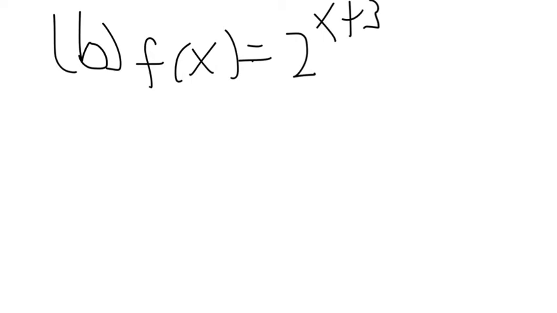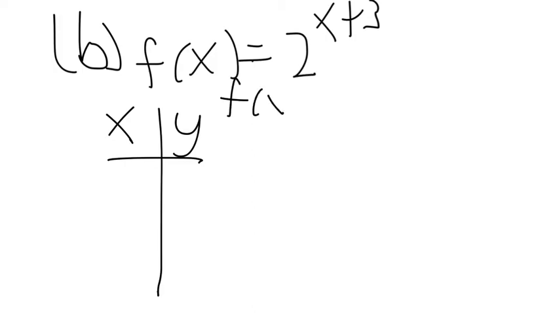Part B, it said 2 to a power of x plus 3. What I probably should have done in the first table, or in the first example part A, is I'm going to do the t-table for 2 to a power of x, so you can have it as a comparison.